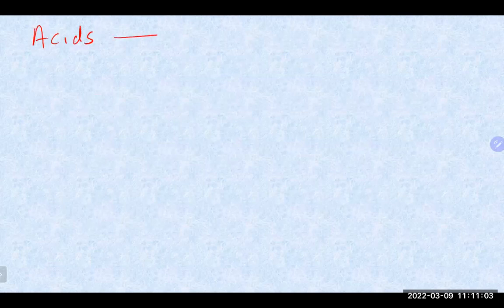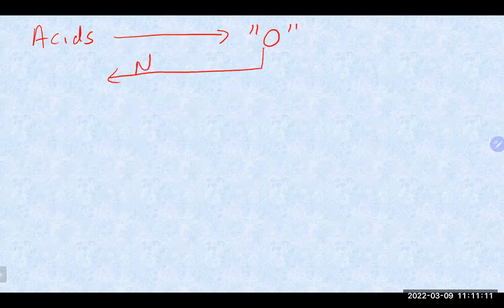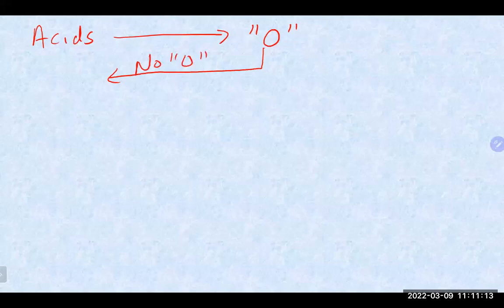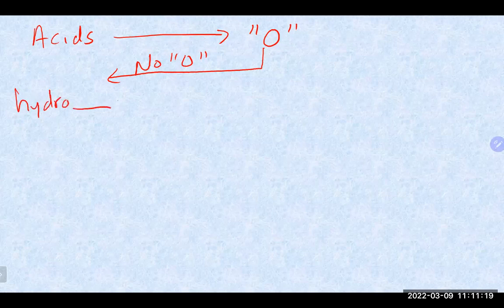If we are dealing with acids, it's about, does it have oxygen? And pretty easily here, if the answer is no oxygen, the acid name will start with hydro, something ic acid. So hydro something ic acid.